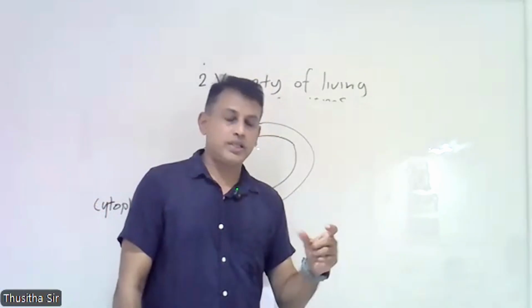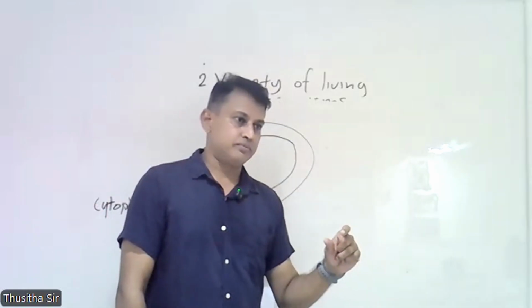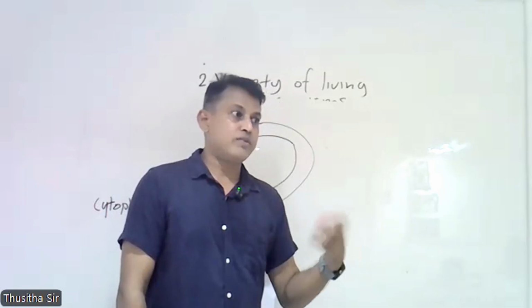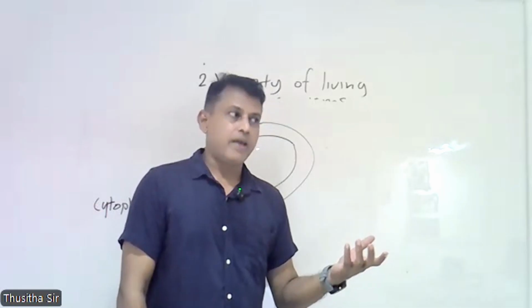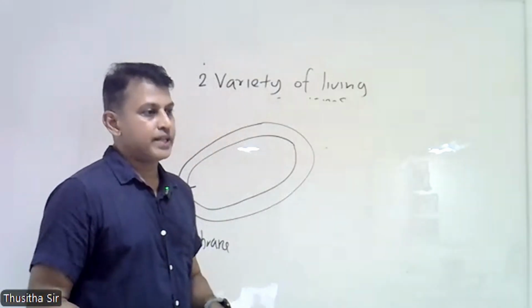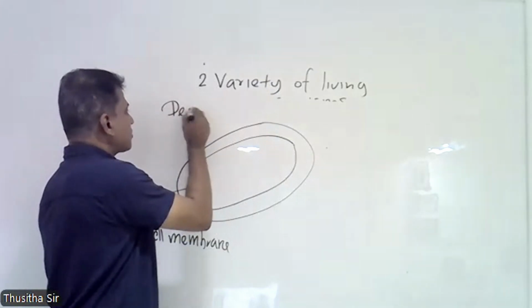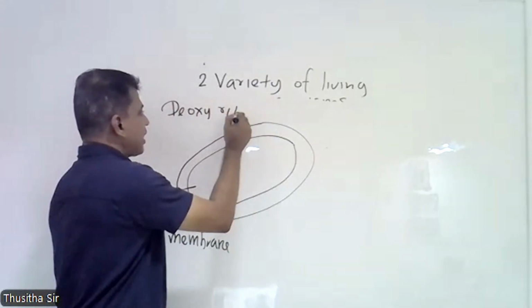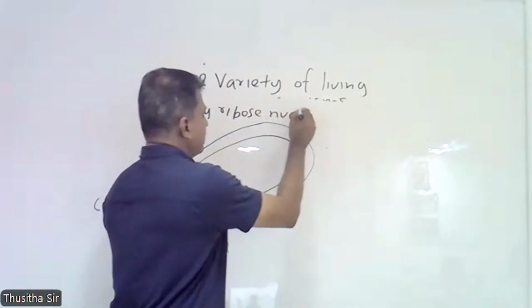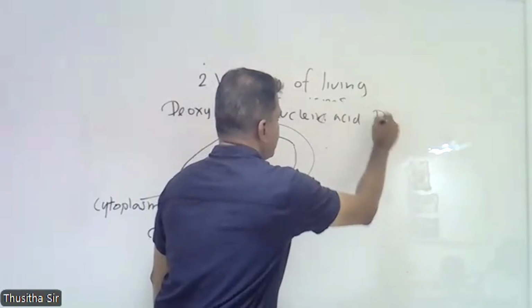There is one molecule which is the most important molecule in the world for living organisms. This molecule is known as deoxyribose nucleic acid. It's called DNA.